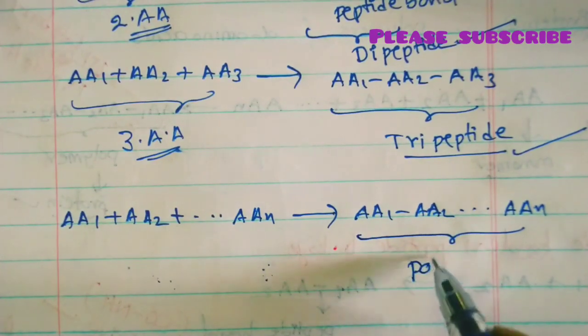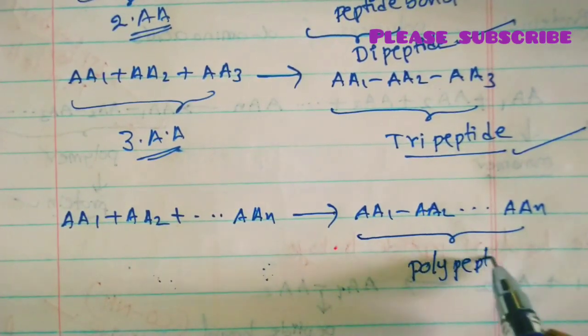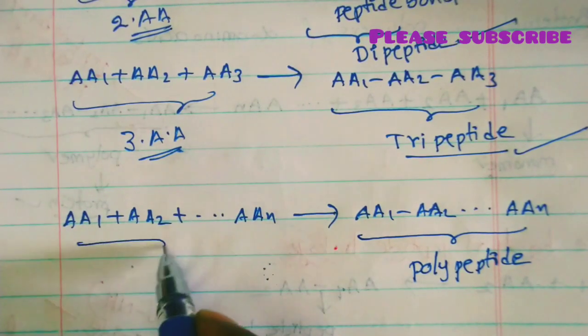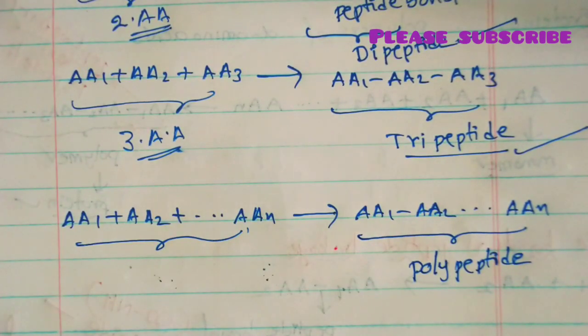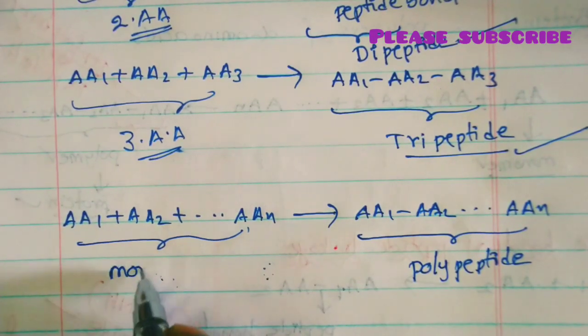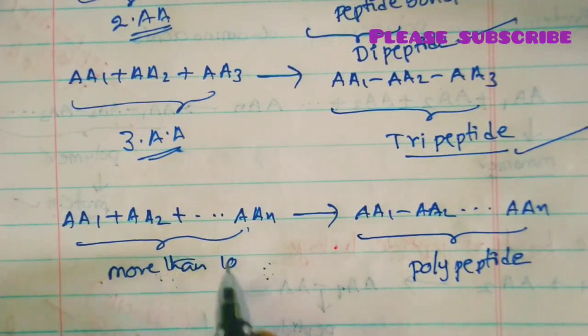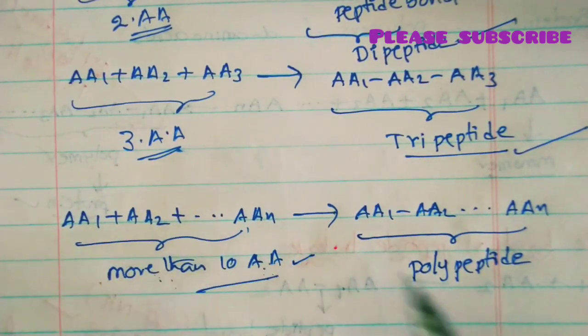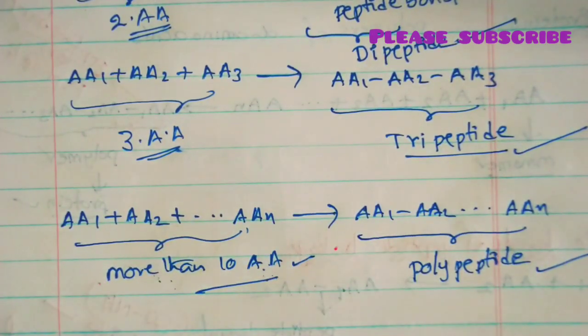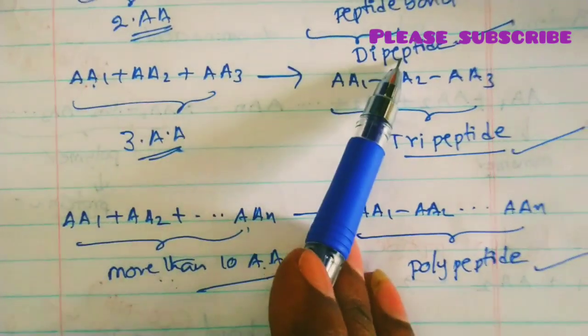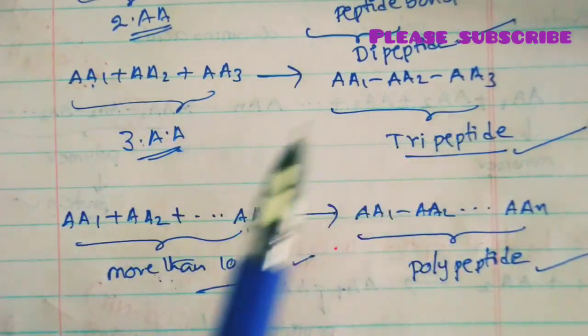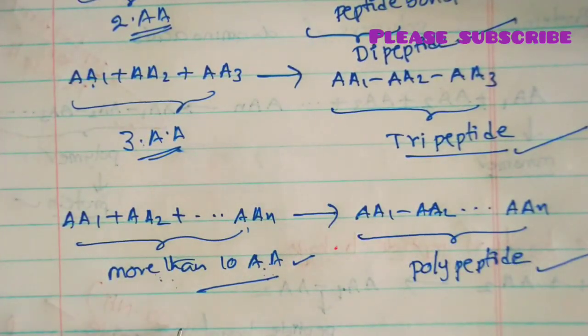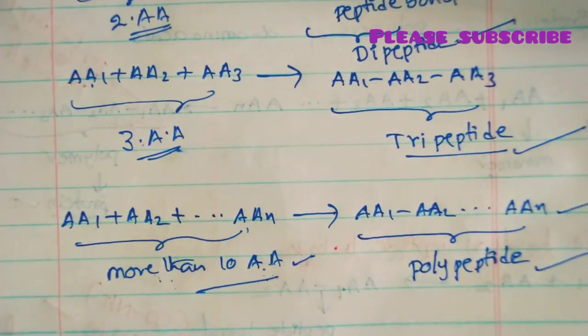This is called a polypeptide, because in this reaction more than 10 amino acids are involved. Remember, 2 amino acids dipeptide, 3 amino acids tripeptide, more than 10 amino acids polypeptide. Okay, this is the polypeptide.